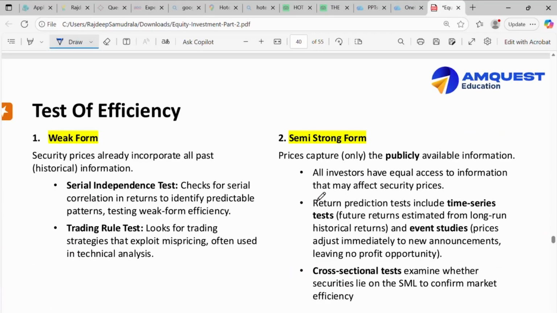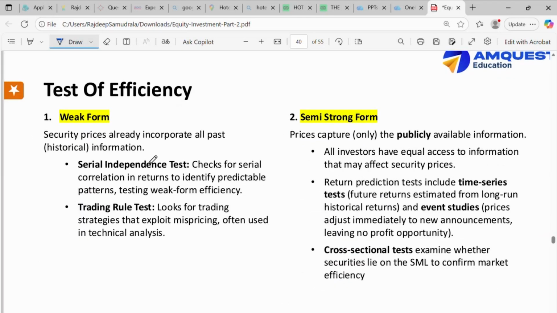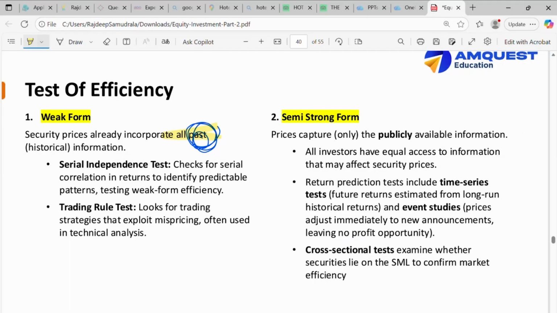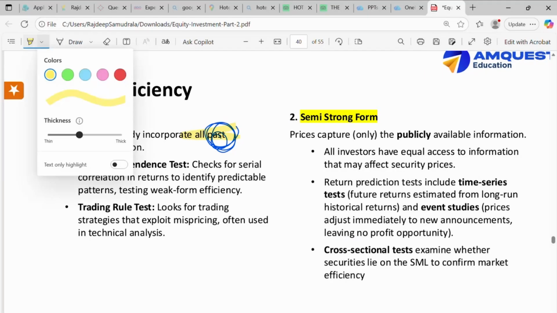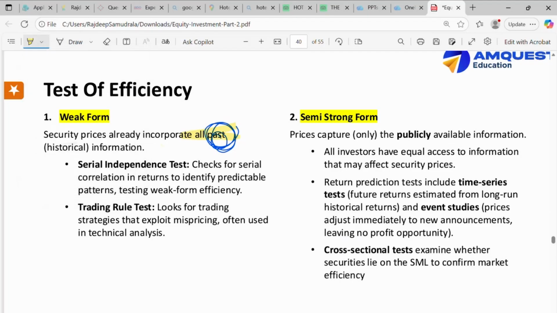Okay. In a weak form, basically, the prices that are reflected are only the past prices, right? The current price information is not reflected. So it is past historical information that is reflected in the market, right? Very critical.